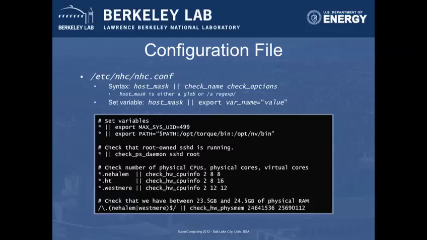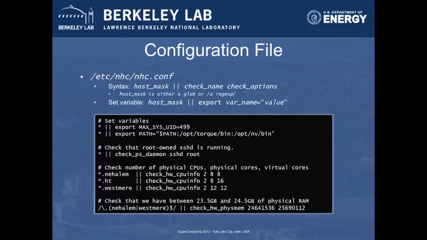Or in this case, I added this to specifically call out the fact that you can do variables in the same way. So up here, star obviously means everything. The double pipe is your delimiter, and then everything on the rest of the line is your check. Now, a check is just bash, so you can do technically anything you want to. But here we're setting variables.